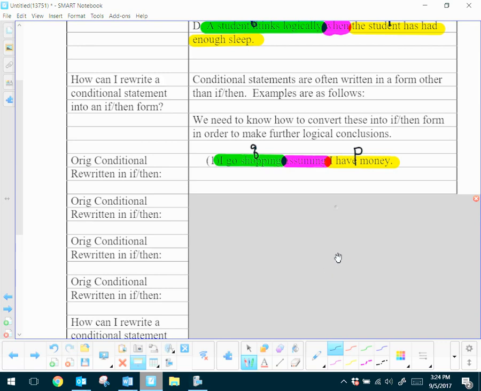So I've identified the hypothesis and I've got my conclusion. Now it's just a matter of rewriting the statement, knowing that whatever comes after if will be the hypothesis. So I'm going to say, if I have money, then I go shopping.